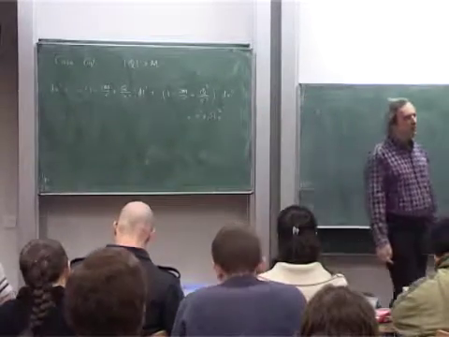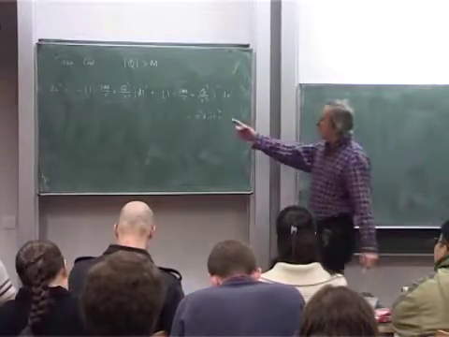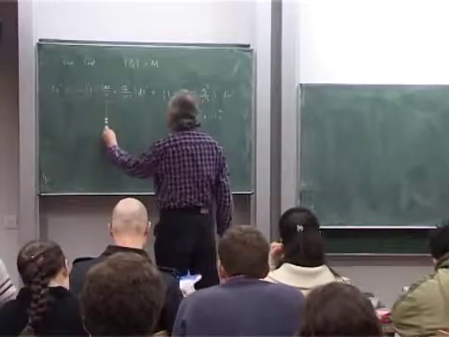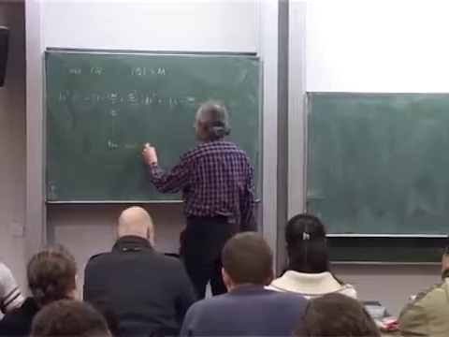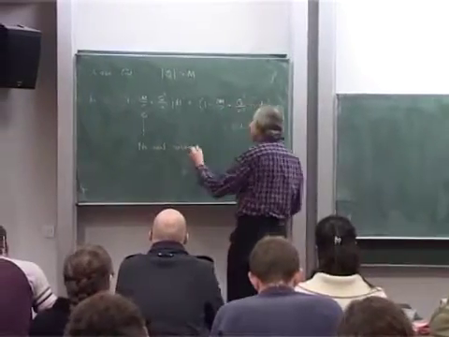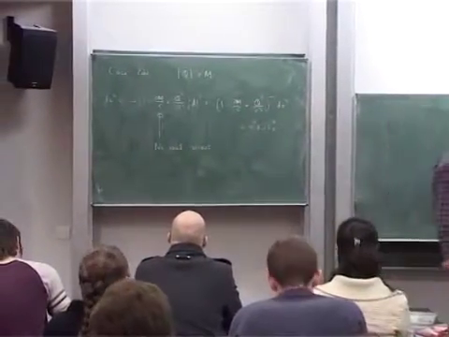If mod q is greater than m, then this function does not have a real zero, which means that it's positive all the way down to the singularity.